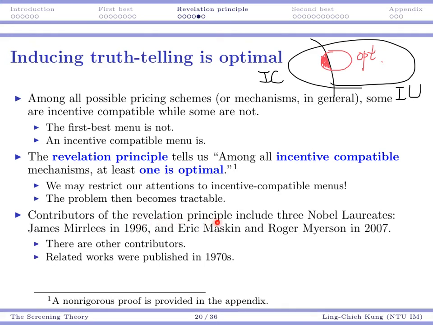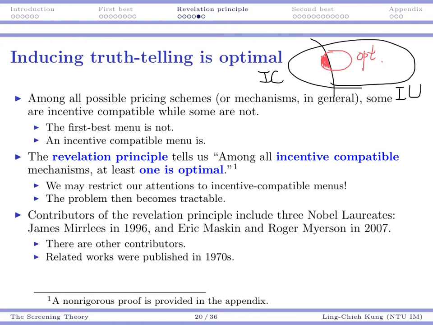This revelation principle has been contributed by many great economists, okay, including Mirrlees, Maskin, and Myerson. And these three scholars got the Nobel Prize in economic science, and those works date back to the 1970s.